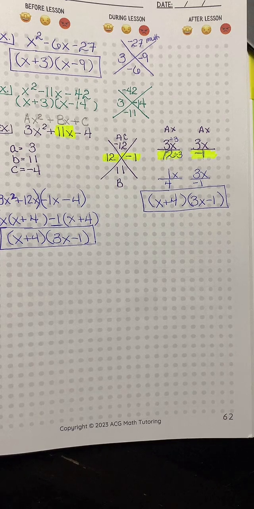Okay. All right. How do you know which goes with multiplying? What do you mean? How do I know which goes with multiplying and which goes with add and subtract?